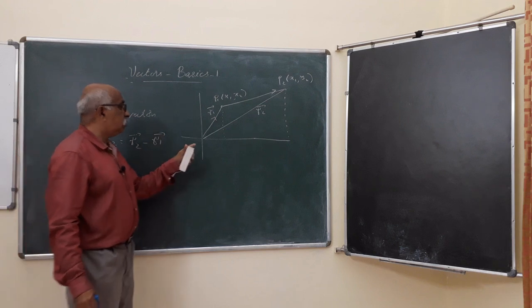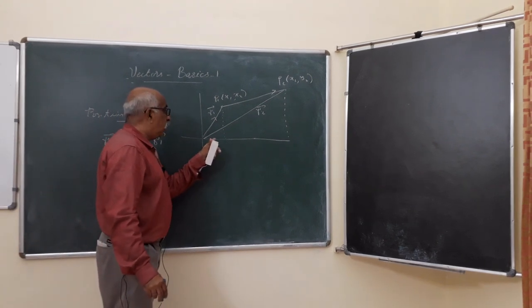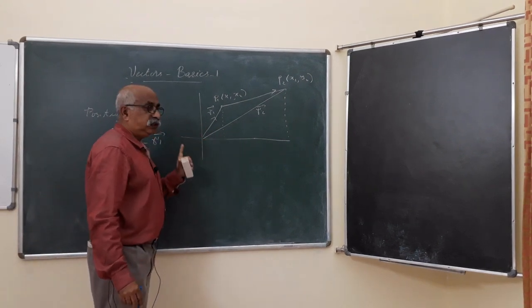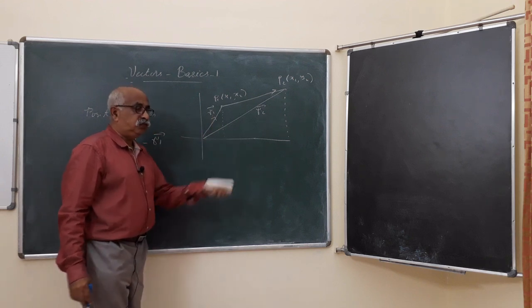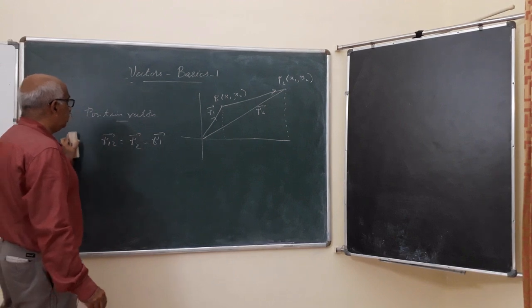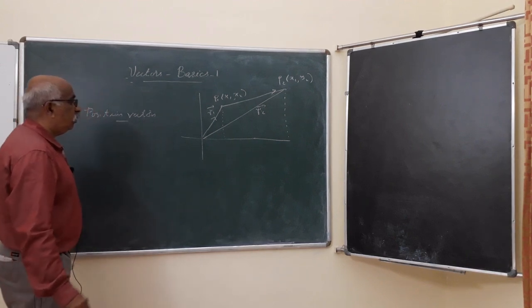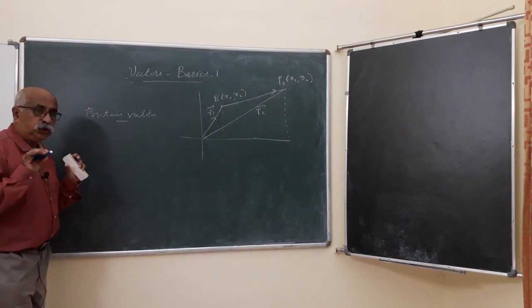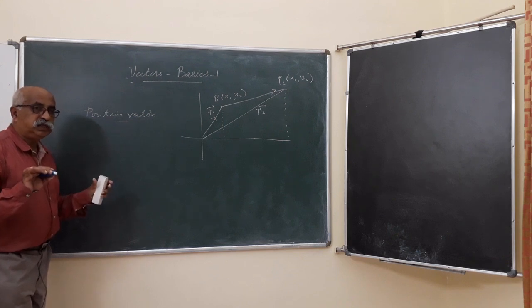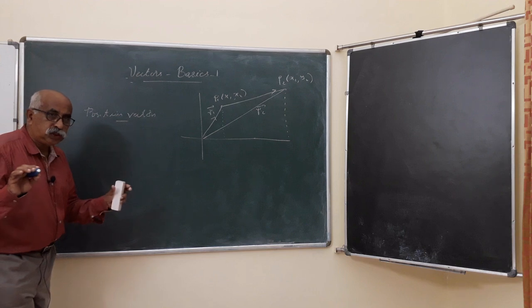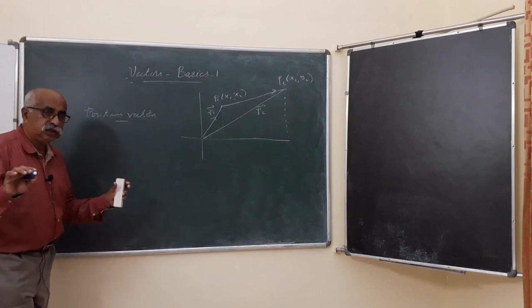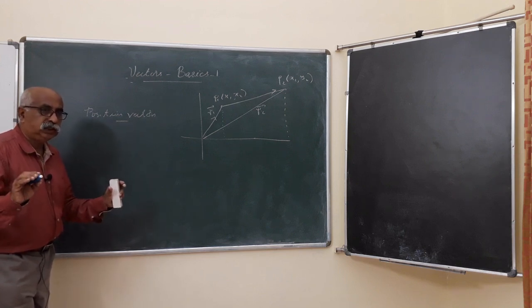In right-handed coordinate system, the i, j, k unit vectors will help us specify the position vectors. How that helps us, we will see. i, j, k are unit vectors. Unit vectors means their magnitude is unity. They have no units, no dimensions. Their magnitude is unity.